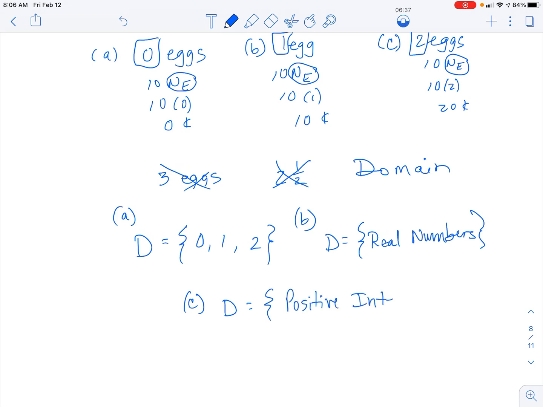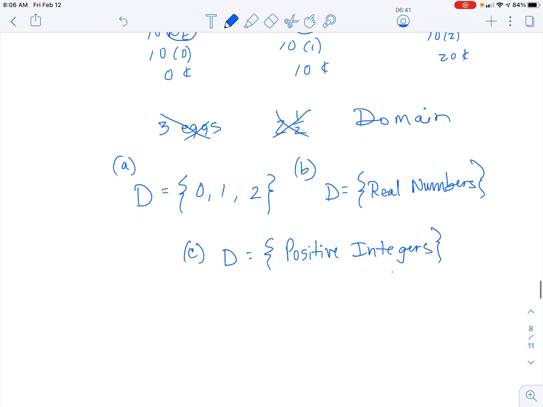Now, this is a good spot for me just to stop and explain the definition of an integer again. I want to make sure I say it the right way here.